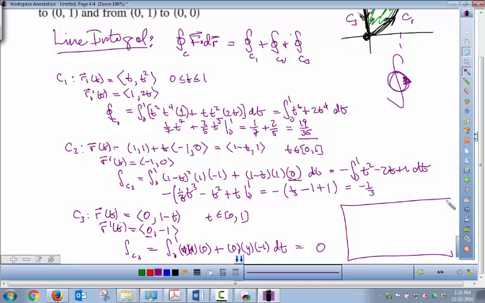All right, let's see if we can summarize this. C1 plus C2 plus C3 should equal 19 over 35 plus negative 1/3 plus 0. Can we do this quickly in our heads? 19 times 3 plus 35.